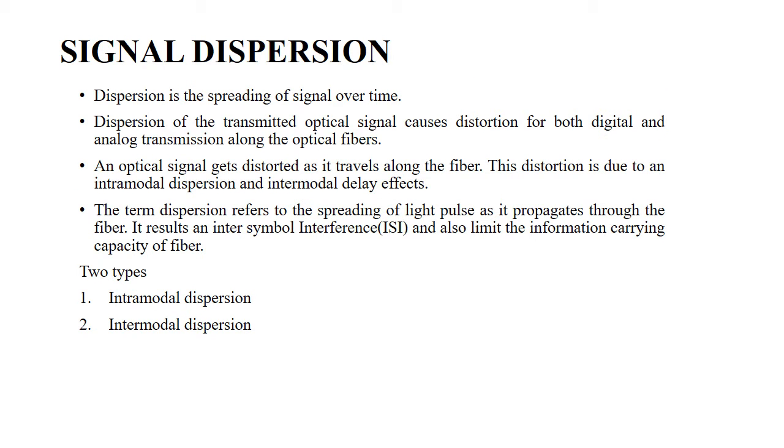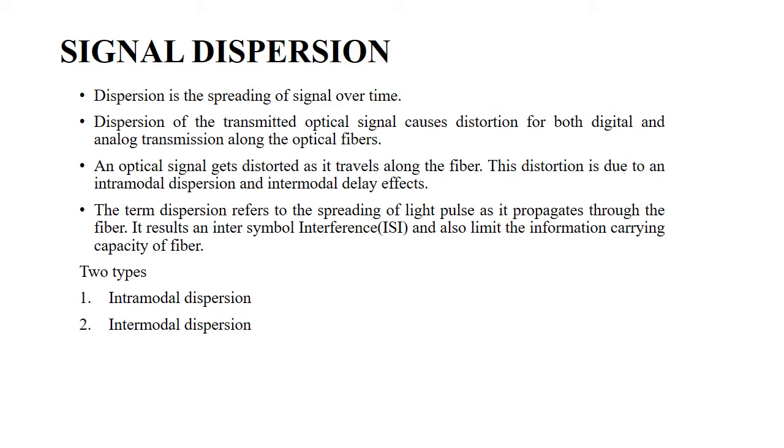Next we are going to see about signal dispersion. The dispersion of the transmitted signal causes distortion for both digital and analog transmission along optical fibers. Dispersion is the spreading of signal over time. An optical signal gets distorted as it travels along the fiber.